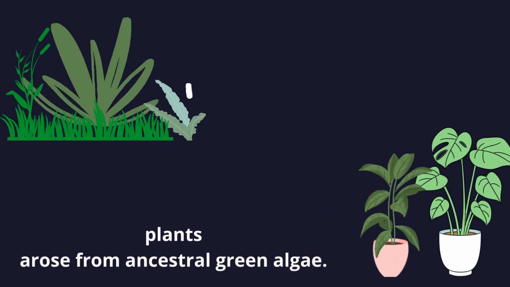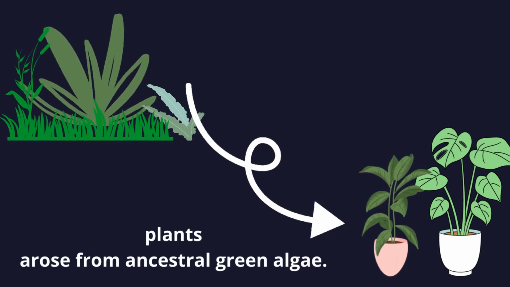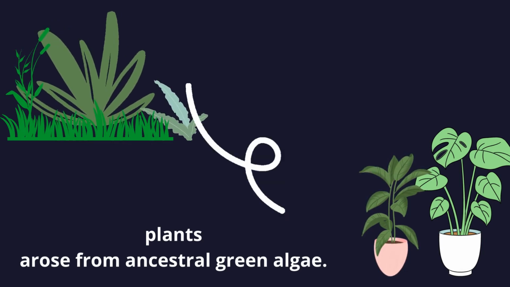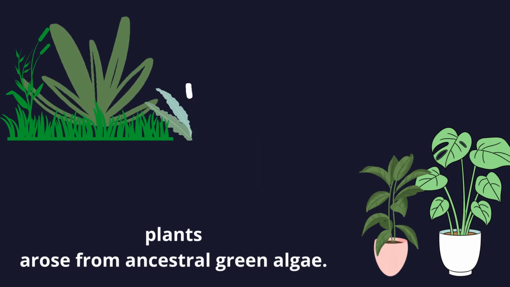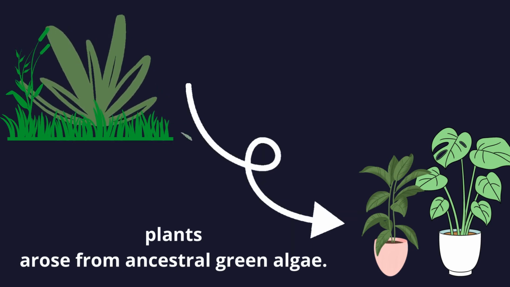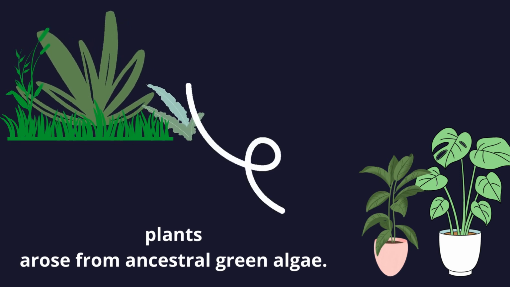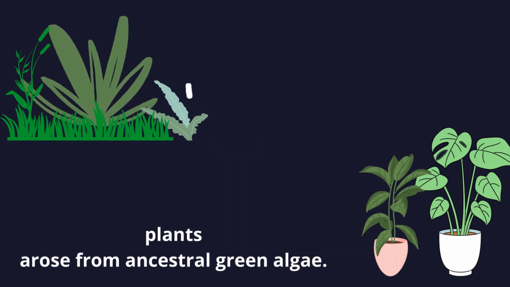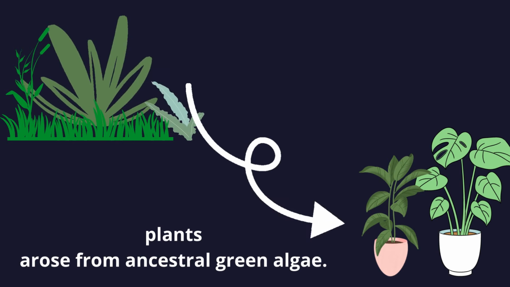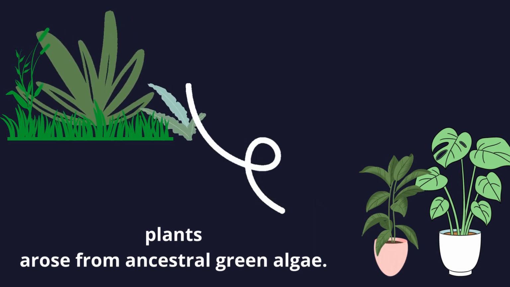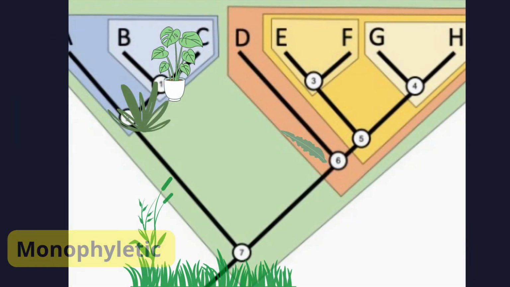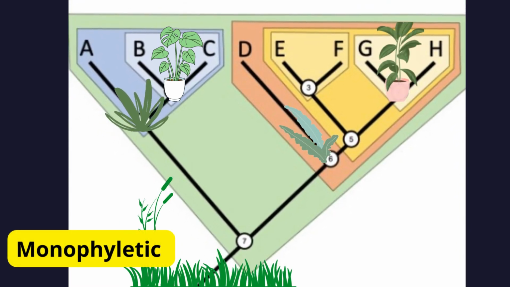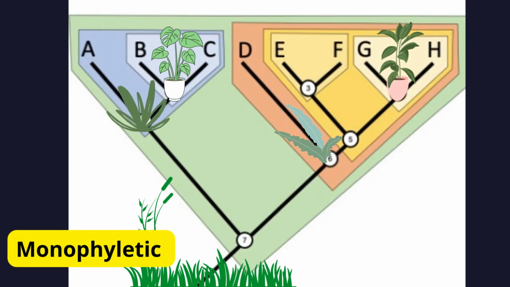Most green algae possess a cell wall with cellulose. Because of these and other similarities, it is generally accepted that plants arose from ancestral green algae. Plants arose from green algae because green algae also have cellulose and the pigment chlorophyll. So we can say that plants and green algae are monophyletic. What is monophyletic?